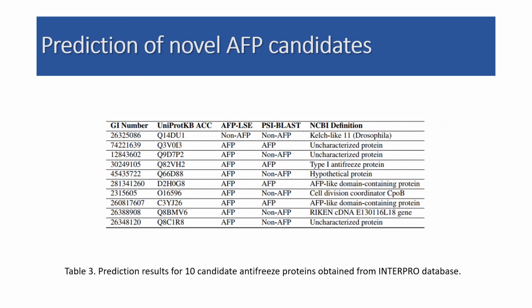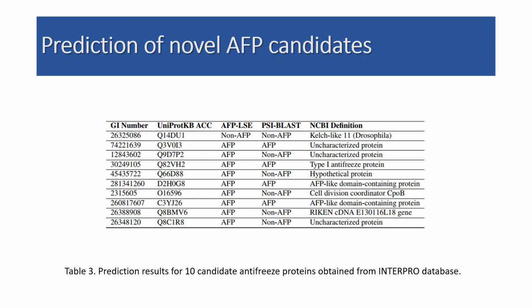We also performed the screening of novel AFP candidate proteins obtained as an independent dataset containing 10 candidate AFPs from the Interpro database. The proposed method predicted 9 proteins as AFPs and only 1 protein was predicted as non-AFP.